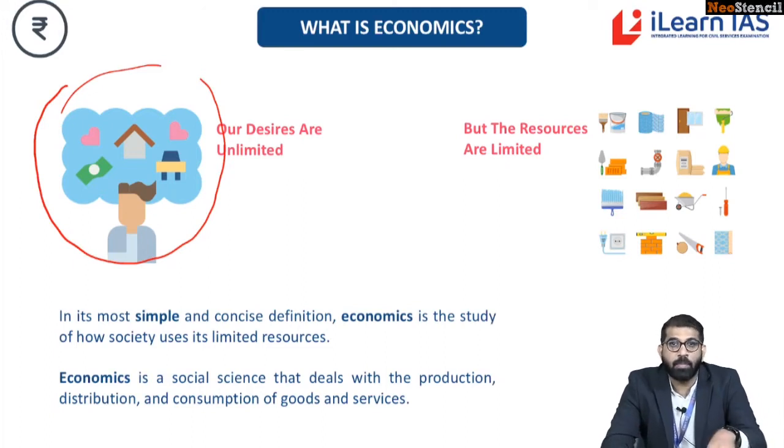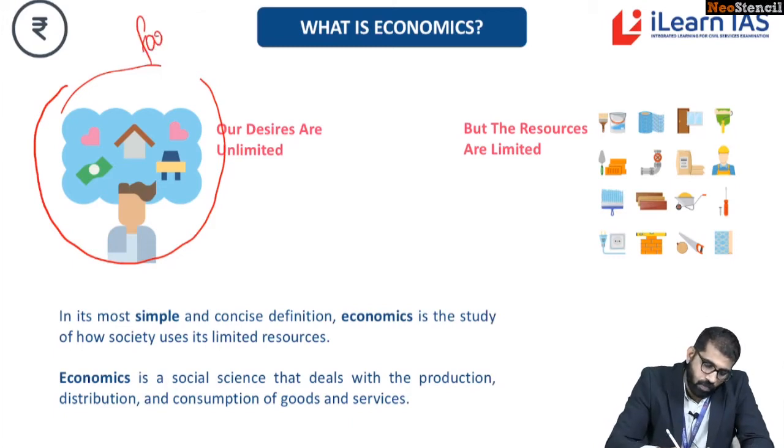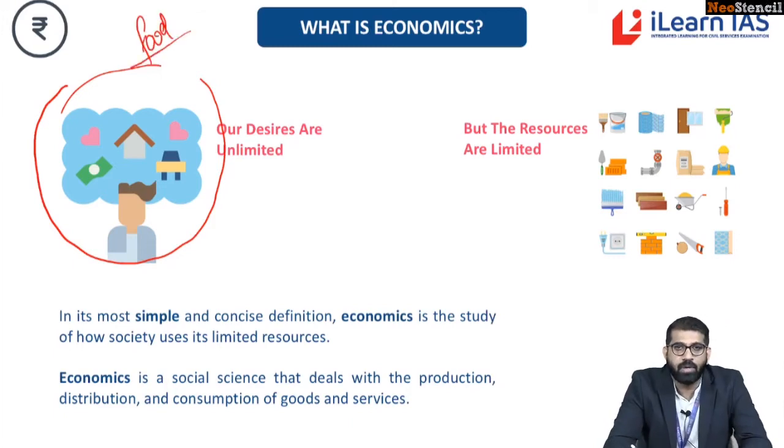Let's take the case of food. When we do not have enough food, the only desire we have is to get some kind of food so that our hunger can be fulfilled. Once we start getting food every time, we start desiring better food.